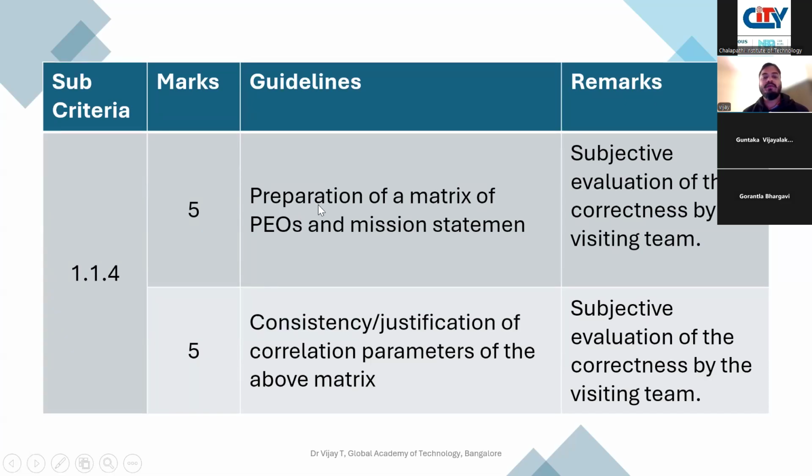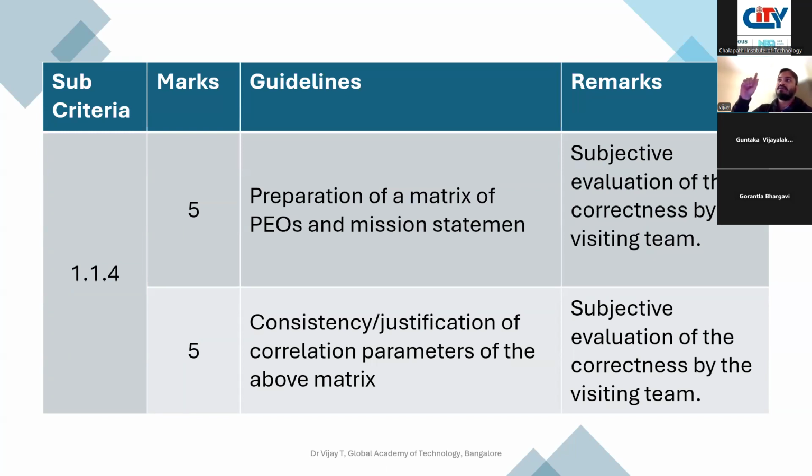So this is again PEO and mission matrix, which carries 5 marks, and consistency and justification. So you have, say, around 2 or 3 PEOs. You will be mapping it to your mission statements, say 3 to 5 mission statements you have. So you'll make a table of it like an articulation matrix and map it to the PEOs and write a justification for each of these mappings.